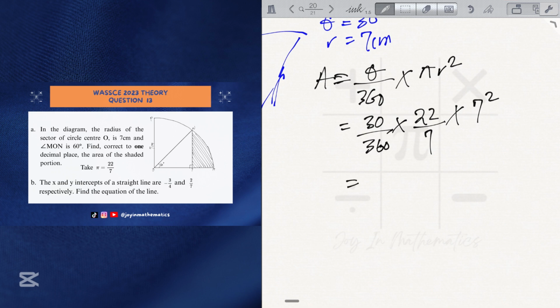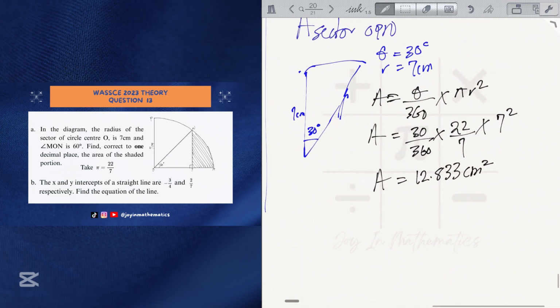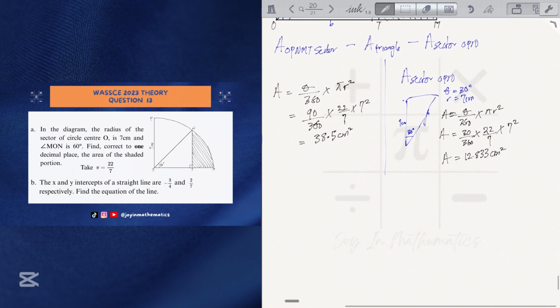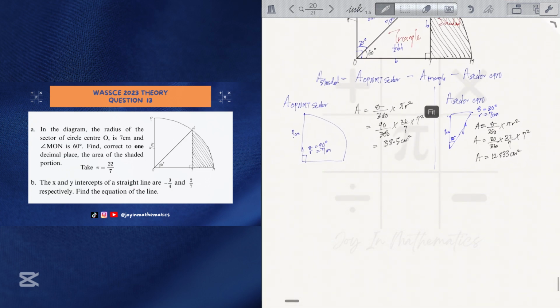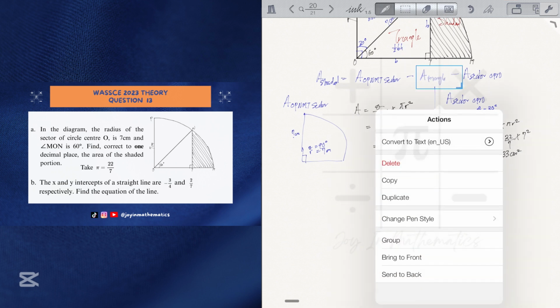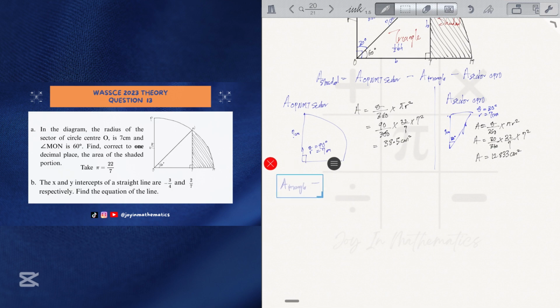If we use our calculator for this, we will have 12.833 centimeters squared. So we have this area to be this. Now the final thing we have to know is the area of this triangle. So let us duplicate the area of triangle and evaluate that.